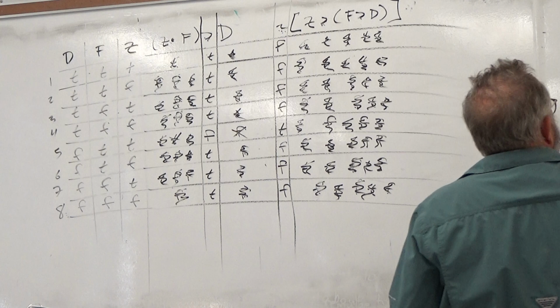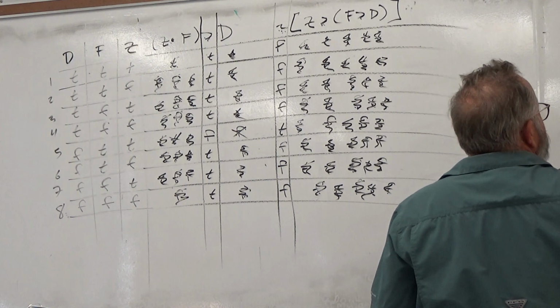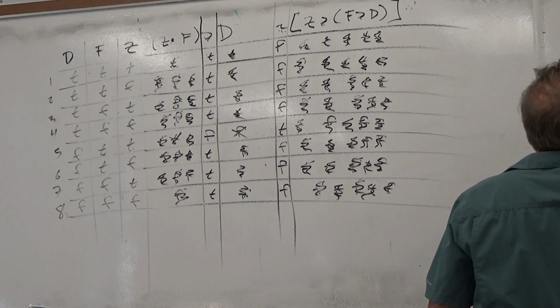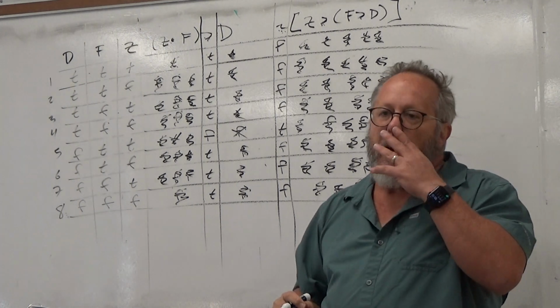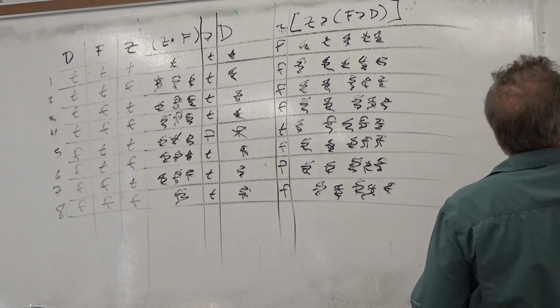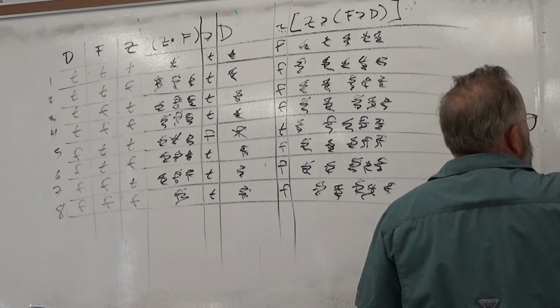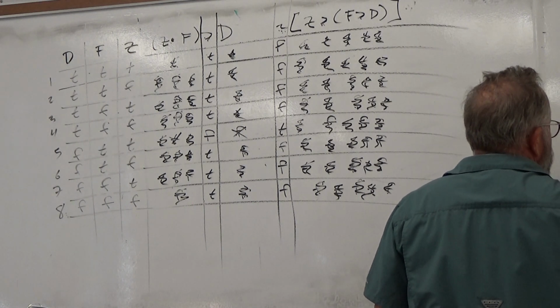Okay, and another option is that they are logically contradictory. And this means that they have the opposite truth value on every interpretation. Okay? And then we also said that they could be consistent or inconsistent.